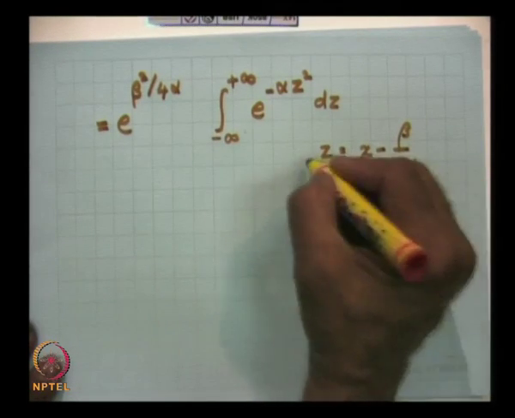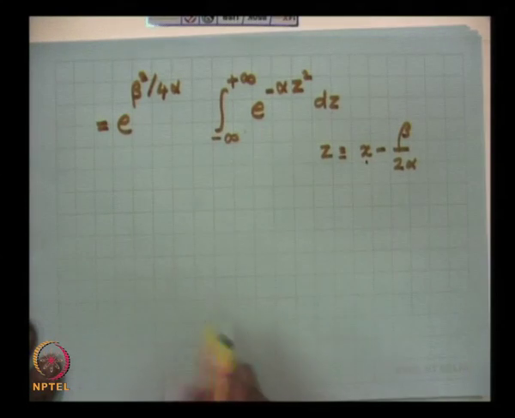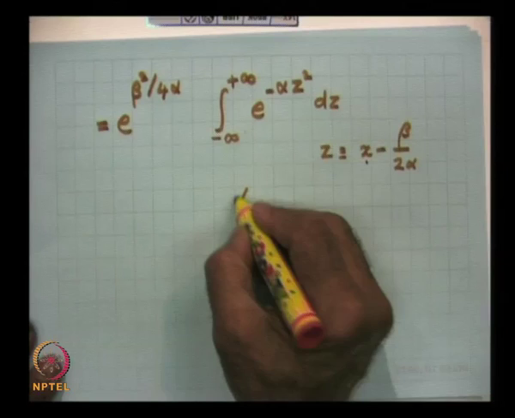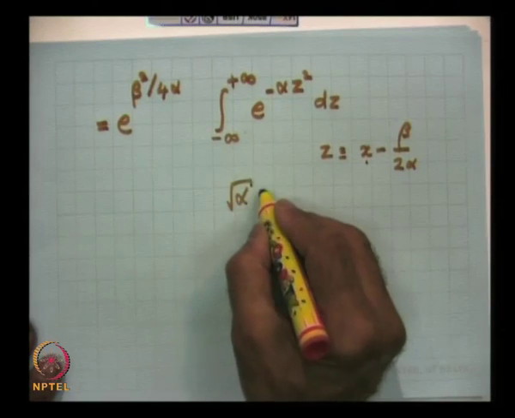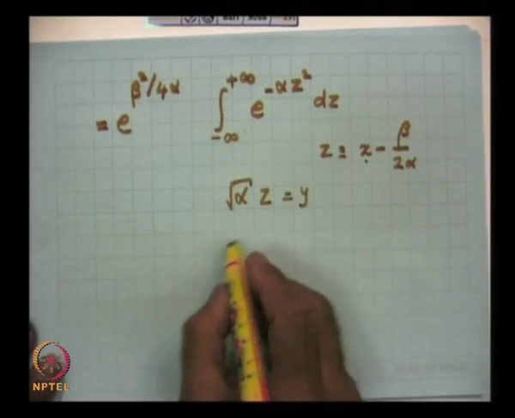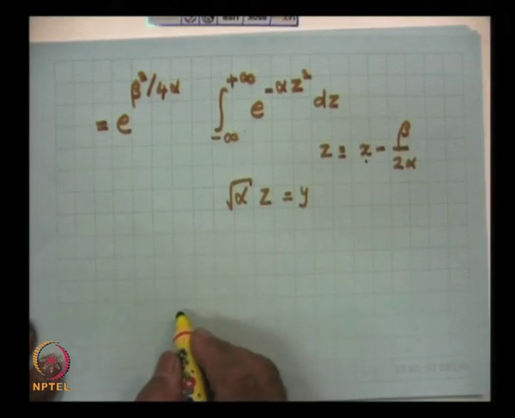So, that dx is equal to dz, and in order to evaluate that, you write down under root of alpha times z is equal to y.